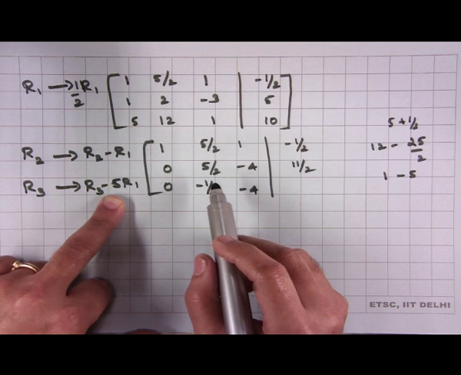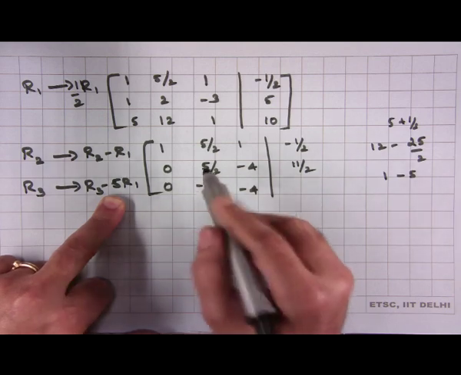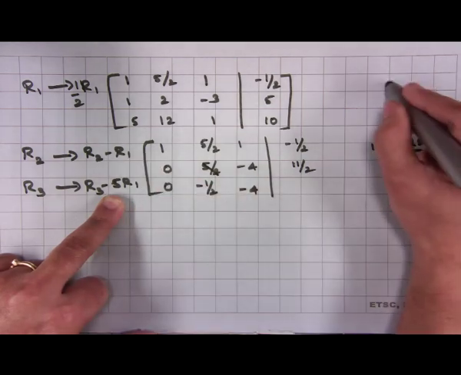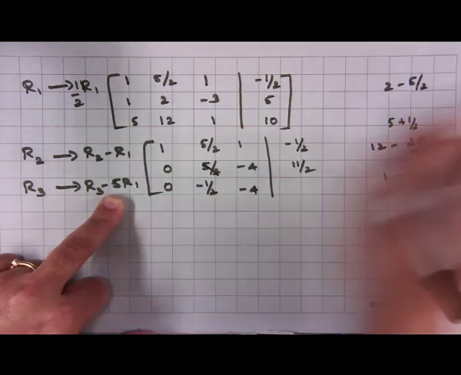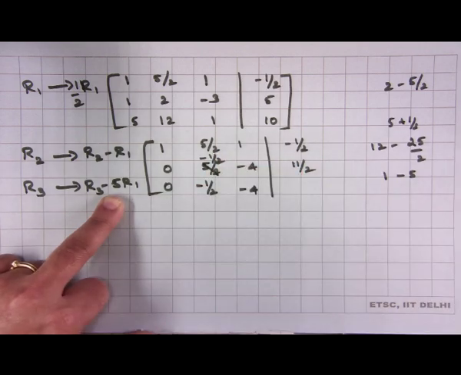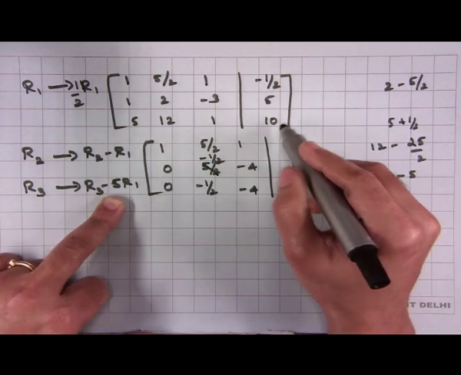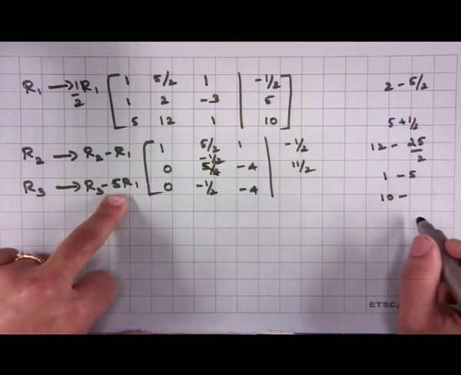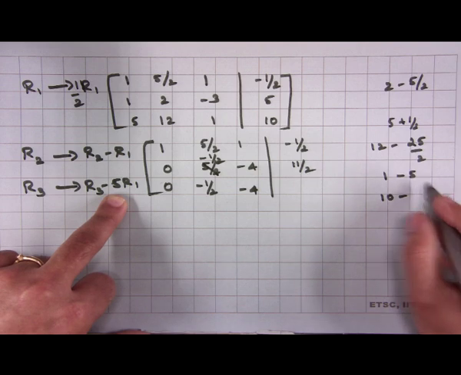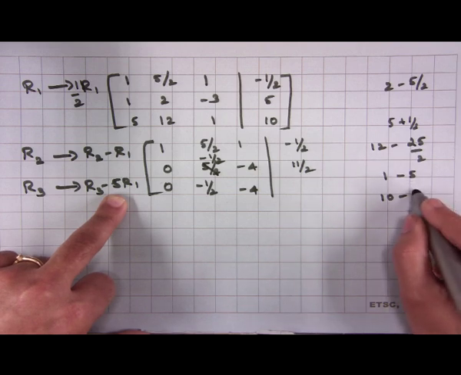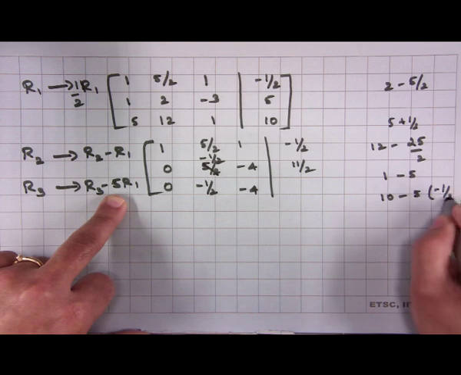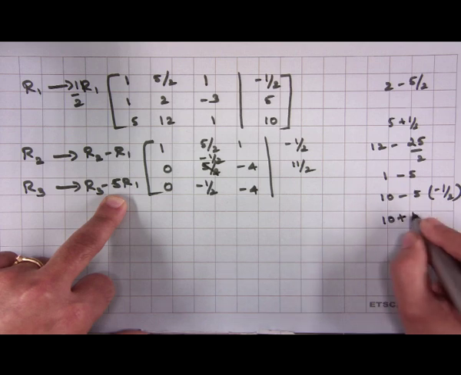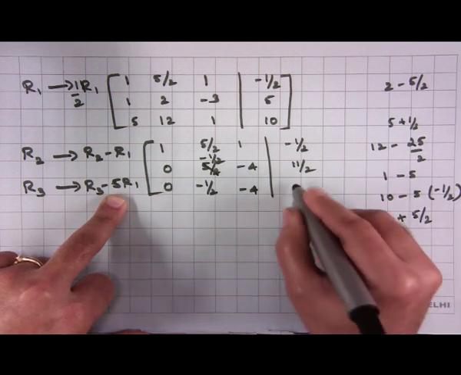For R 2 minus R 1, 2 minus 5 by 2 is minus half, that is exactly what I wanted. Here it is going to be R 3: 10 minus 5 times minus half, which is going to give me 10 plus 5 by 2, which is 25 by 2.